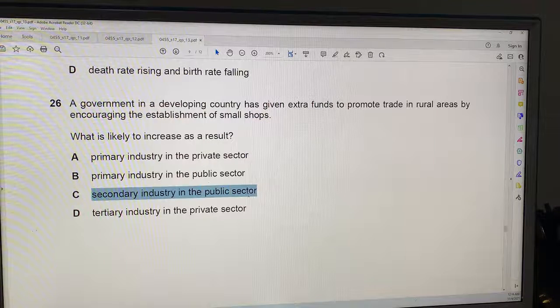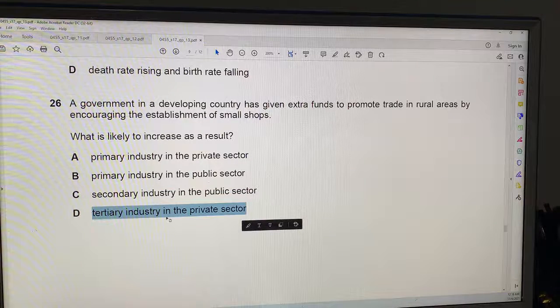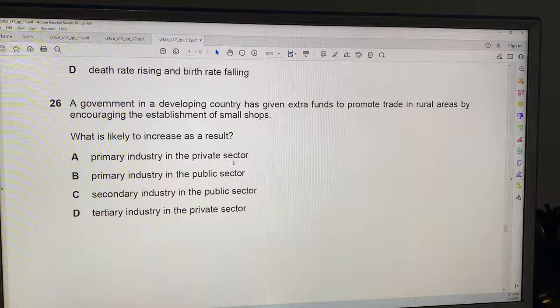Secondary industry in the public sector, also no. And so maybe D, tertiary industry in the private sector. Yes, establishment of small shops, that's done by people or private companies. And small shops are tertiary level production or a tertiary level service.